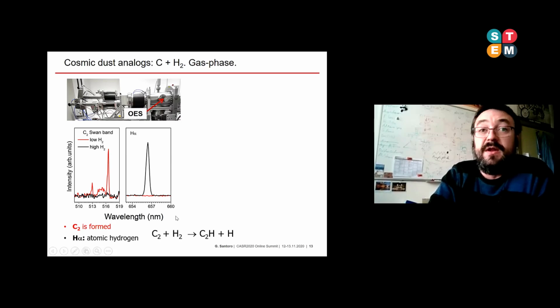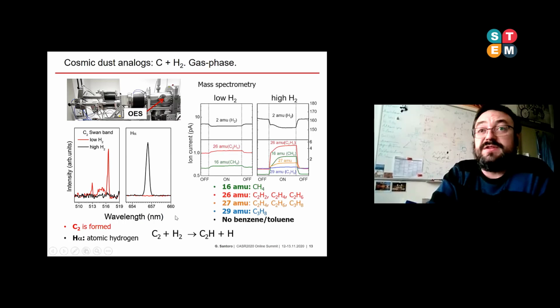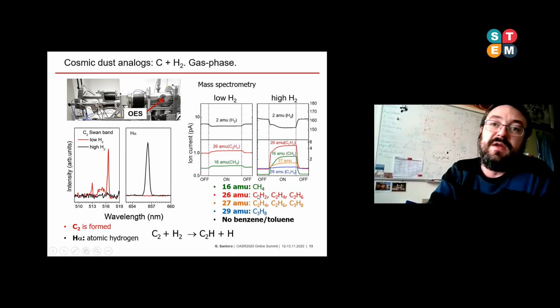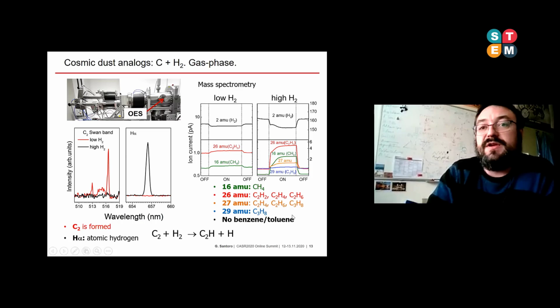radical. The next thing that we did to understand the chemistry is to perform mass spectrometry in flight, right after the formation of these analogs, and we observed several organic molecules such as methane, acetylene, ethylene, up to propane. But the important point here is that we did not detect benzene, nor toluene, nor any other aromatic.